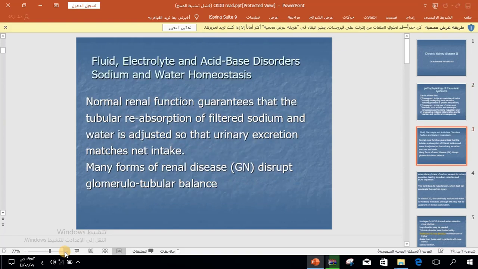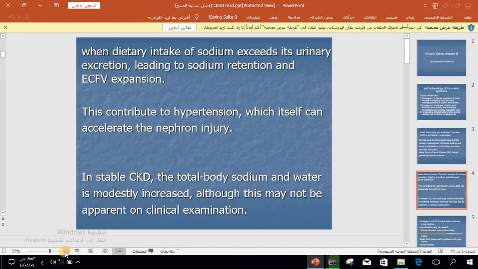So, first, the fluid, electrolyte and acid-base disturbances. As you know, fluid hemostasis is maintained by normal kidneys. And when kidney function is lost, the fluid starts to reaccumulate, and this is manifested as sodium retention and water retention, which manifests as edema.